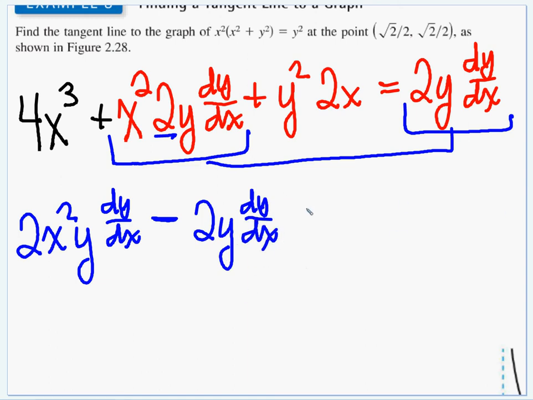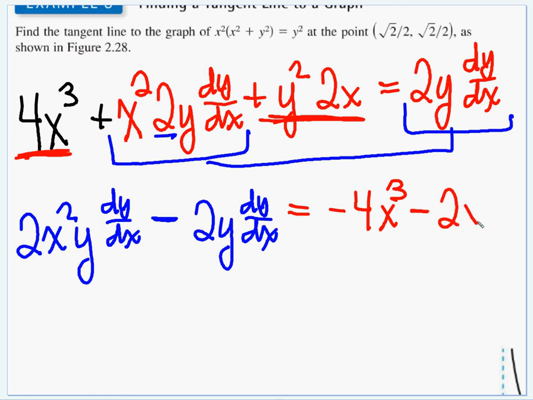And then we have our equal sign. On the other side of equals, there's a 0 over there now, but we're going to move over this term by subtraction, minus 4x cubed. And then this term will also be subtracted, so on the other side it's a negative 2x y squared.